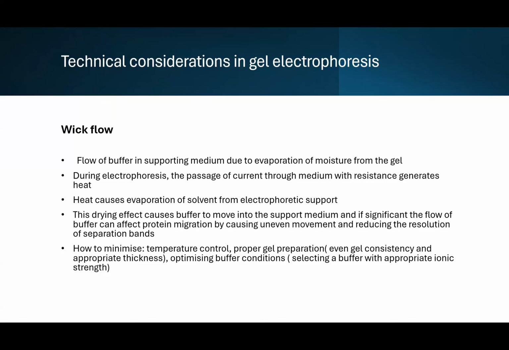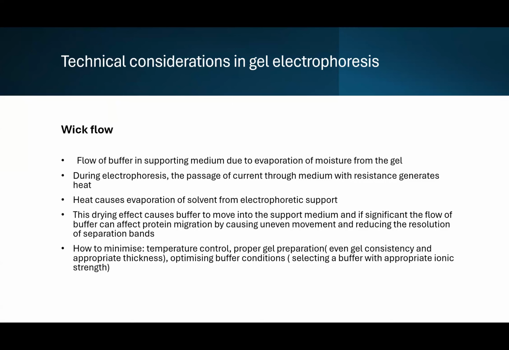And if it is significant enough, the flow of buffer can affect protein migration by causing uneven movement and reducing the resolution of separation bands. Right? So basically, it's just the flow of buffer in supporting medium due to evaporation of moisture from the gel because of the heat that is generated.